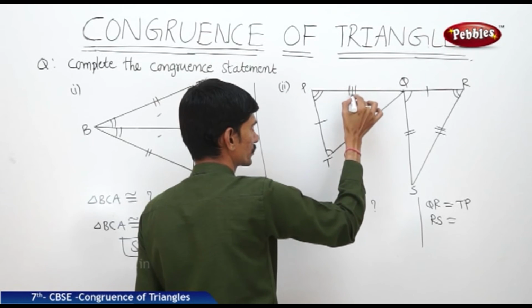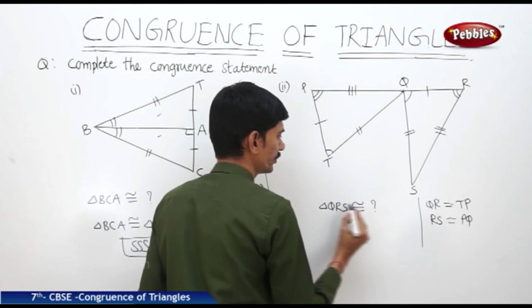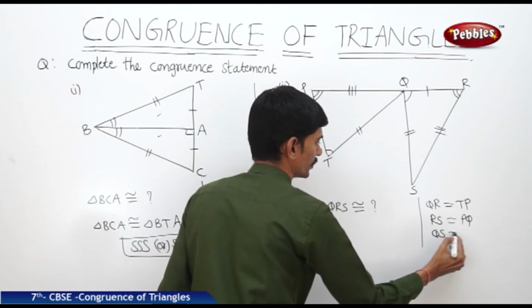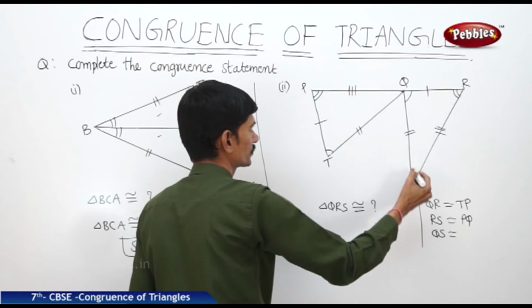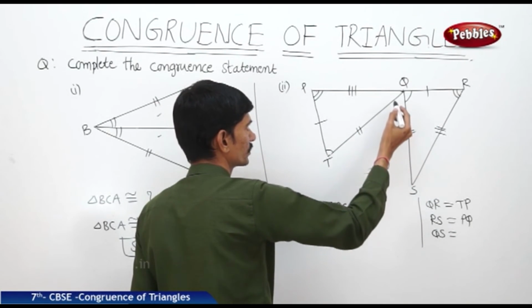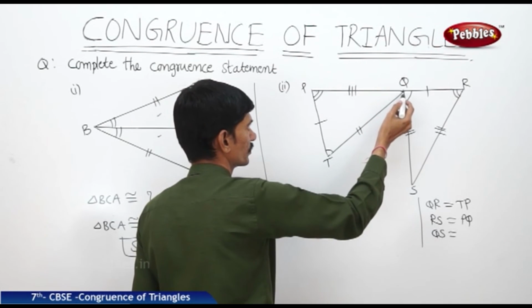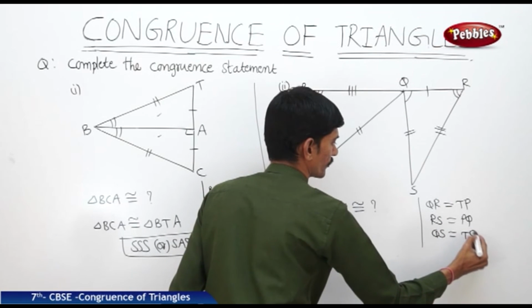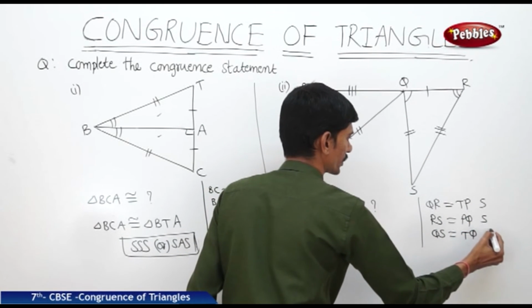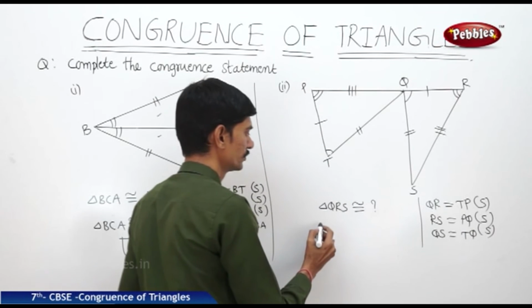So three strokes. Then QS equals what? In this, QS has a double stroke, so QS equals TQ. Now by the SSS congruence criterion, we can say that the two triangles are congruent.